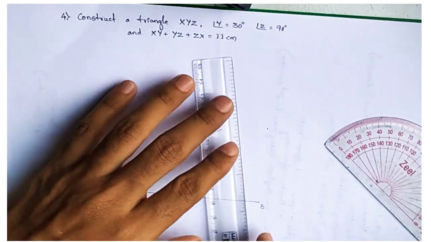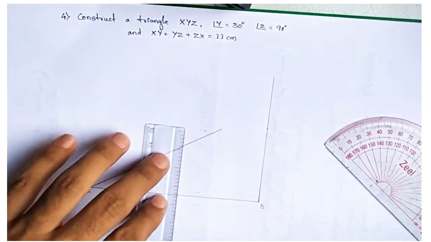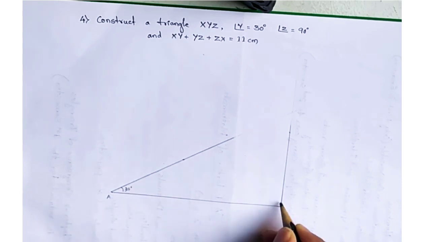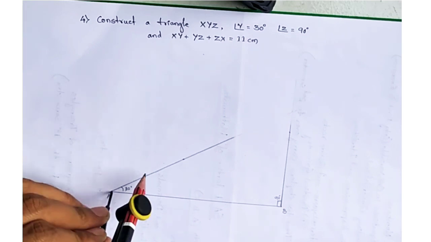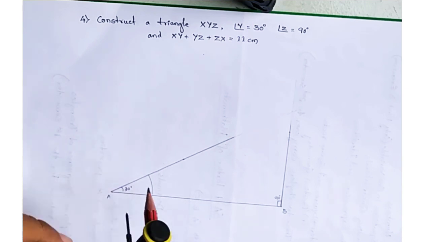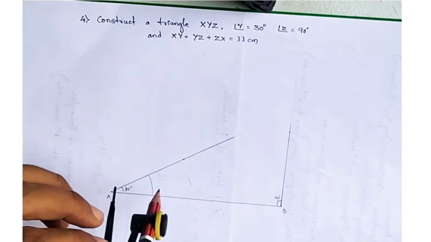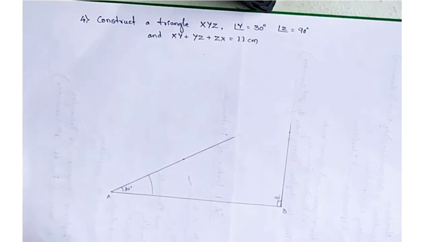After getting 30 degrees on one side and 90 degrees on the other side, now make angle bisectors for both angles. So take from A, make the arc, the same arc, make the angle bisector, and join that.